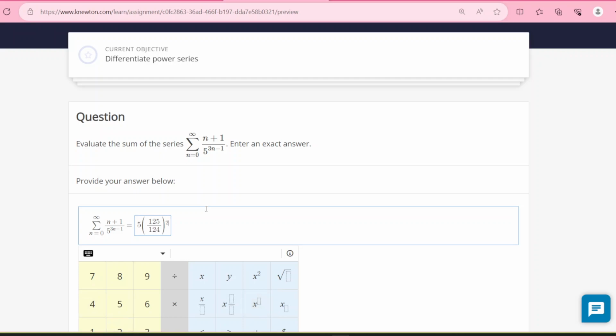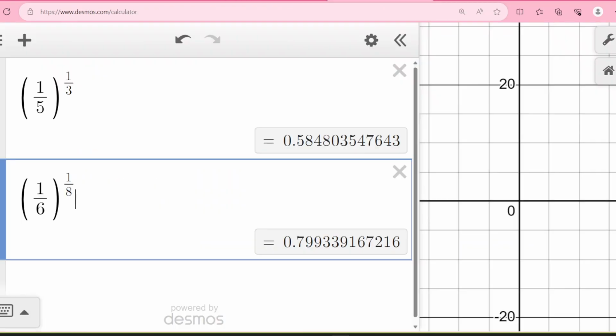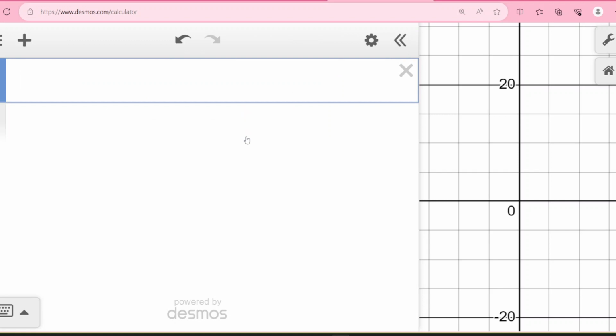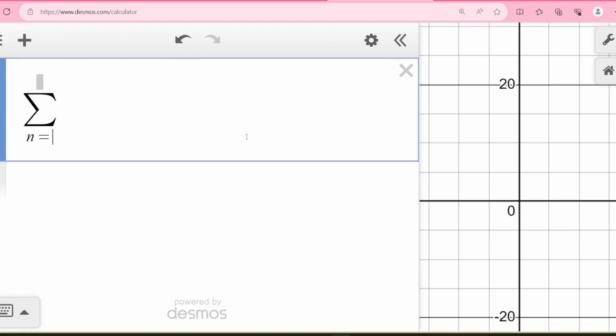Right. And if we want to double check that, verify it a little bit, maybe with some calculator work, here's the sum we were given. I was given the sum from n equals 0 to, and I'll just go up to x. All right, I'll put in different values for x.